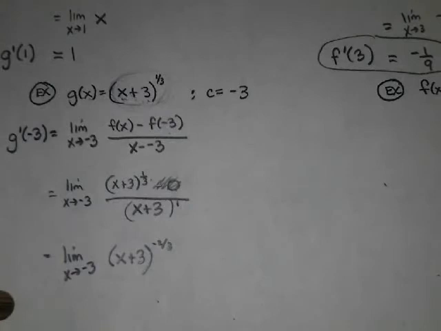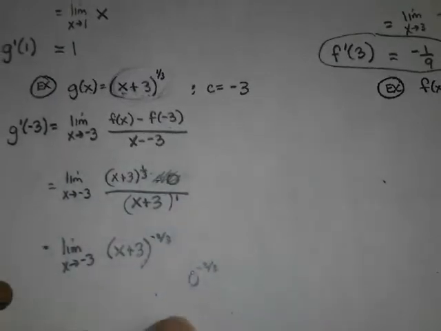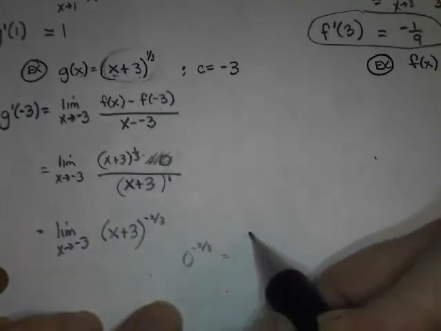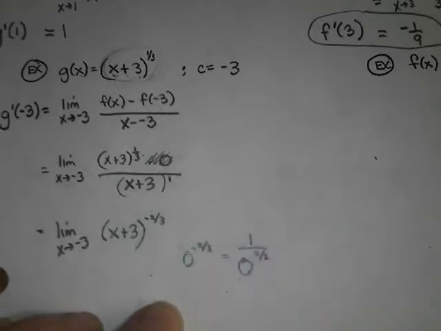Okay, well, if I plug in negative 3 now, I would get 0 to the negative 2/3 power, which, based on our negative exponent rule, is the same as 1 over 0 to the 2/3 power, which is still undefined, right?